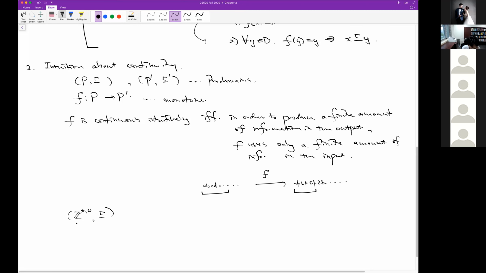In this pre-domain, each element is a sequence of integers. So -2, -3 is a sequence of length 2, -3 is a sequence of length 1, but it can contain infinite sequences as well. So it's Z star, which means finite sequences, and omega means infinite sequences. So it's finite or infinite sequences of integers.